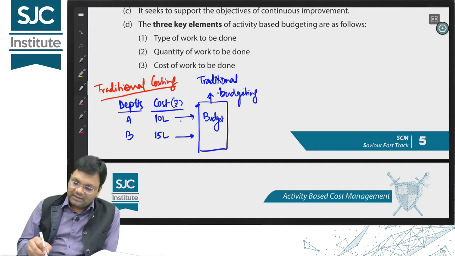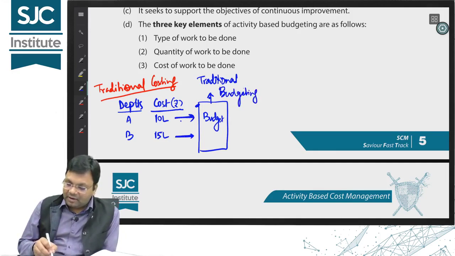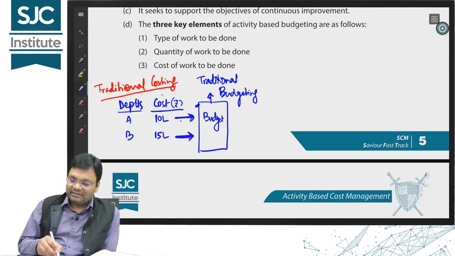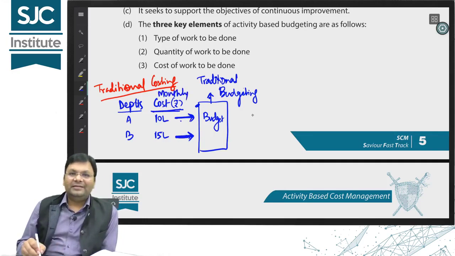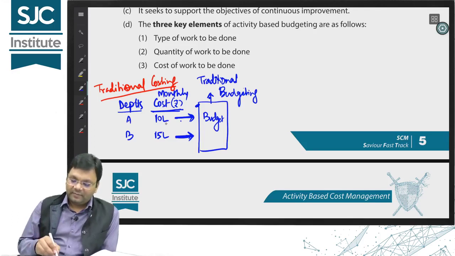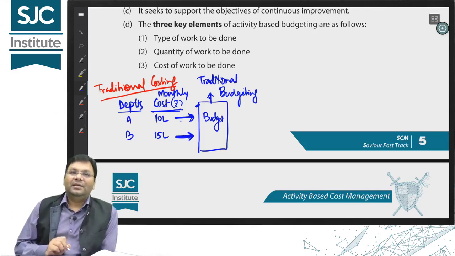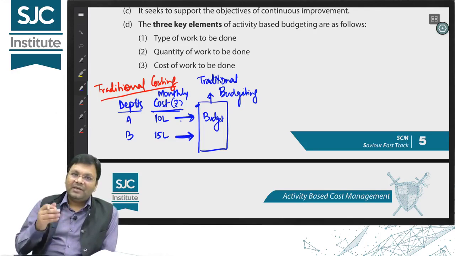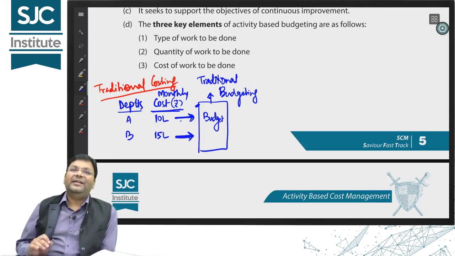Under traditional budgeting, once we have fixed an amount for the budget, say for a month, monthly cost, then in the coming period there is an auto sanction of the budget of rupees 10 lakh and 15 lakh. In the coming period, the budget will be auto approved for 10 lakh and 15 lakh. If there is any extra requirement, then questions will be asked, otherwise not.